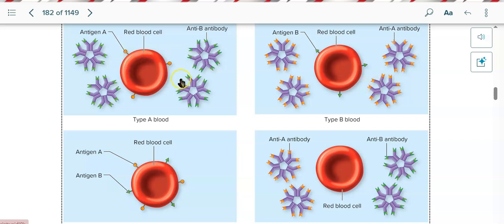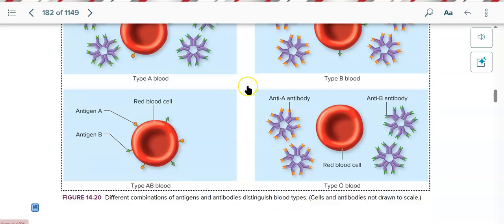If you have type A blood and the type B blood cells like these are put into your bloodstream, the little green arrows fit the active sites on these antibodies, and it will glue these red blood cells together. If you have type AB blood, you have both A and B antigens on the surface of your red blood cell, and you don't have either type of antibody.